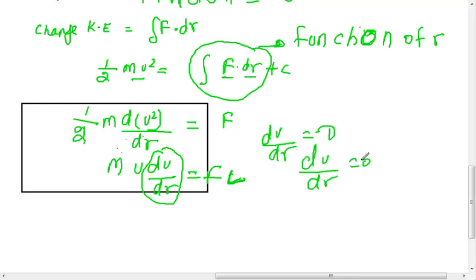So this f should be 0. You get what I'm trying to say.